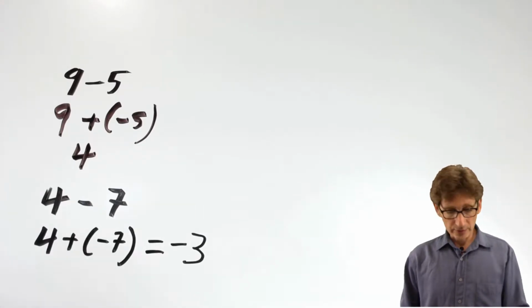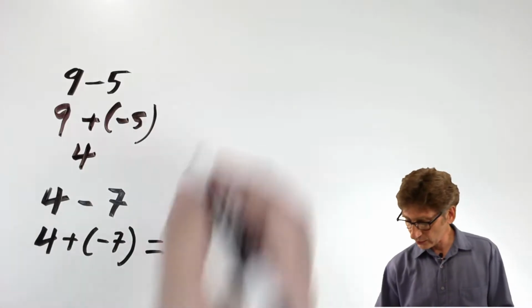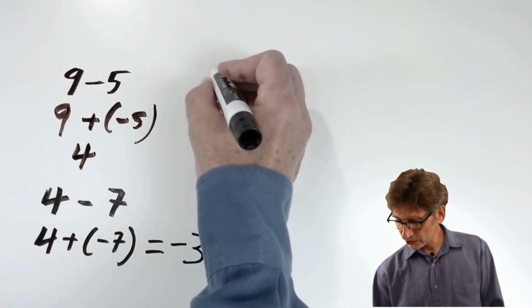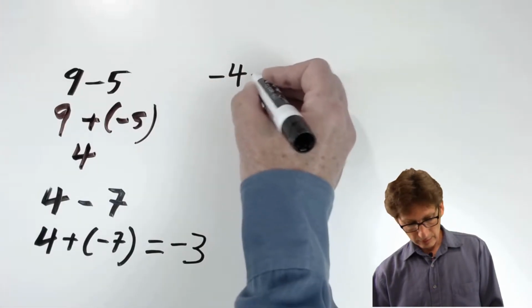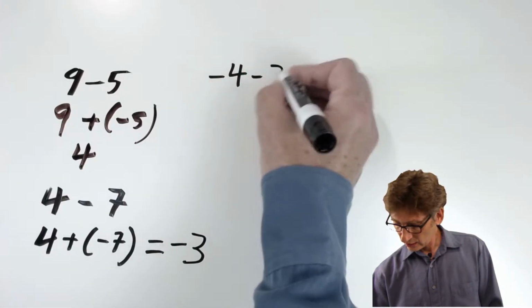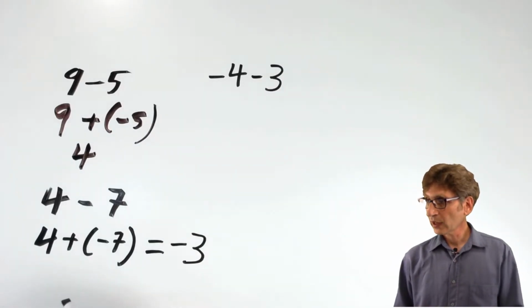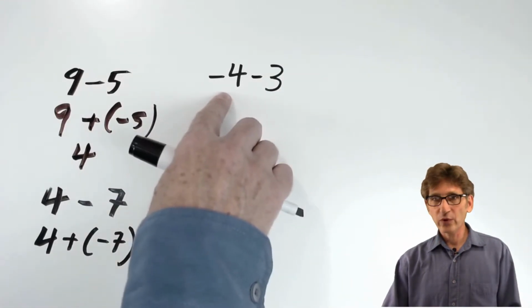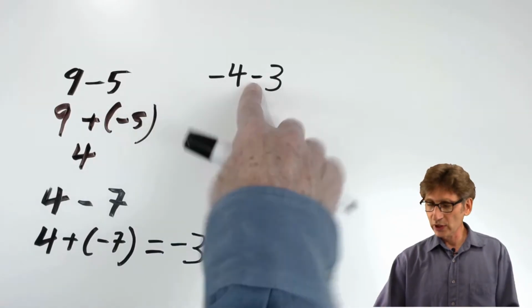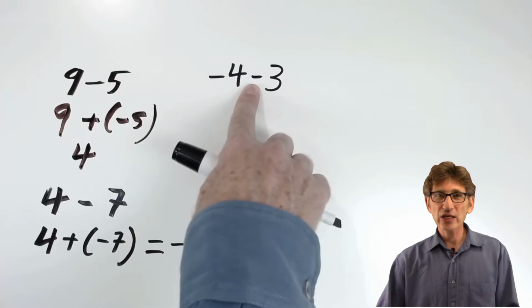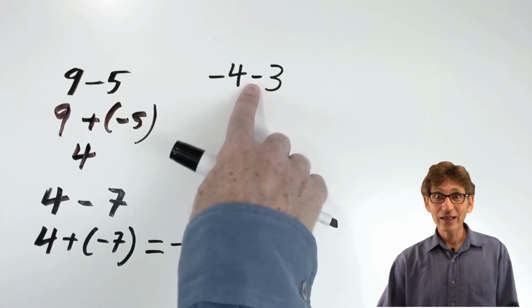Well, let's try another one. What happens if we have subtraction where the first number is also negative? So I have negative 4 minus 3. I'm starting at negative 4 and I'm subtracting 3. So the operation here is subtraction, and I'm going to turn subtraction into addition.